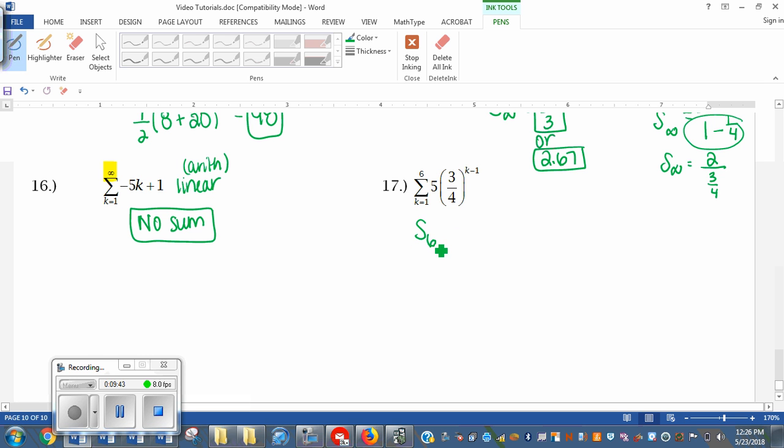And we're saying the sum of all 6. 1 minus r to the power of n over 1 minus r. Okay, so our ratio this time is 3/4. Our first term is 5. And the power of n is 6.